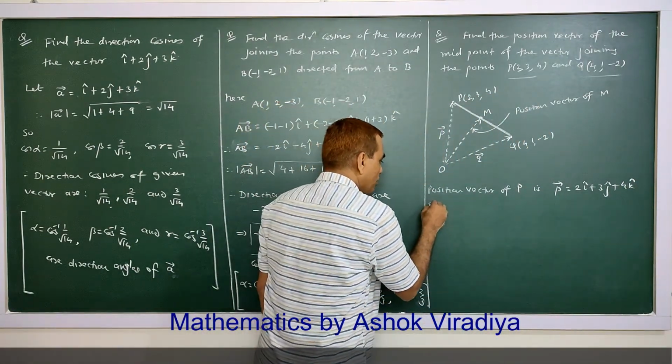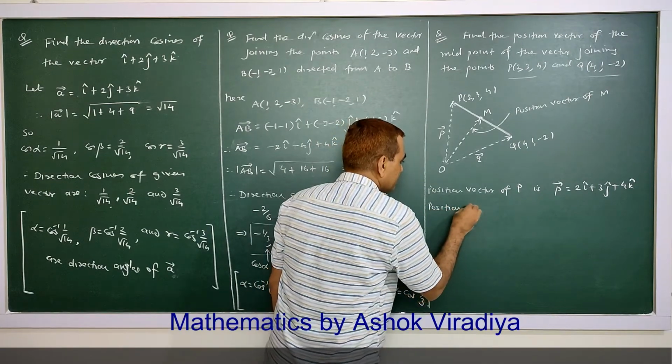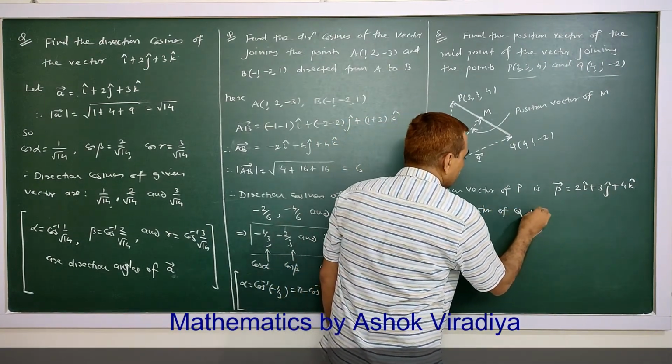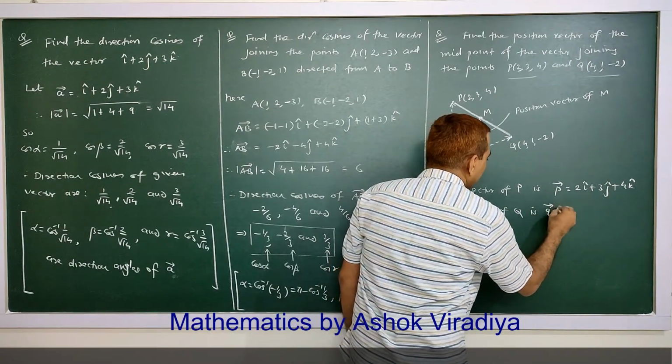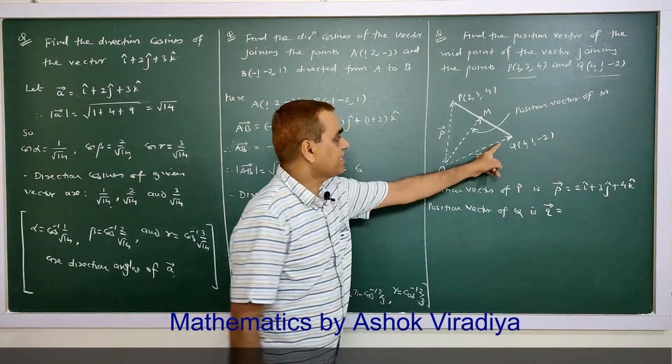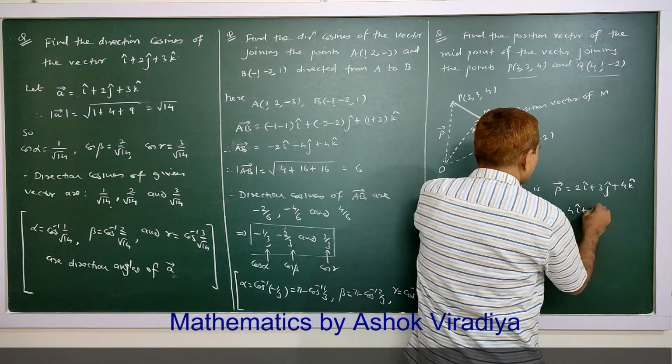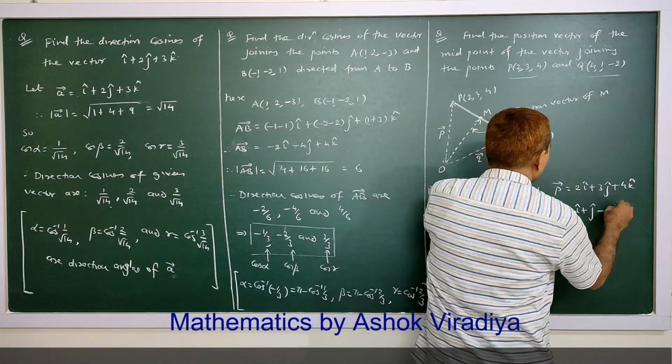Similarly, position vector of Q is, let me say, vector Q. Vector Q is 4i plus 1j minus 2k.